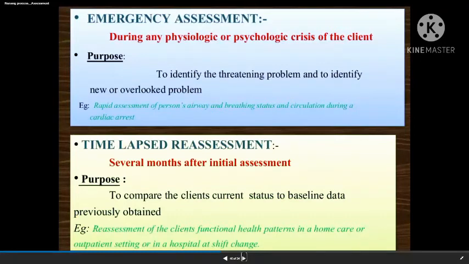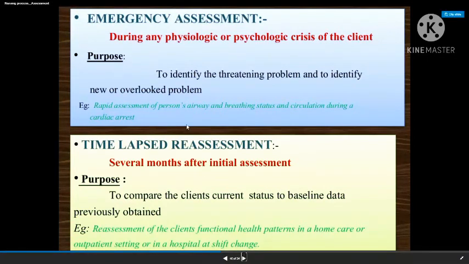Next is the emergency assessment, during any physiologic or psychological crisis of the client. Emergency, on the spot: in case the patient is having any physiologic or psychological crisis, any serious thing happens, whatever assessment you are doing at that time is the emergency assessment.